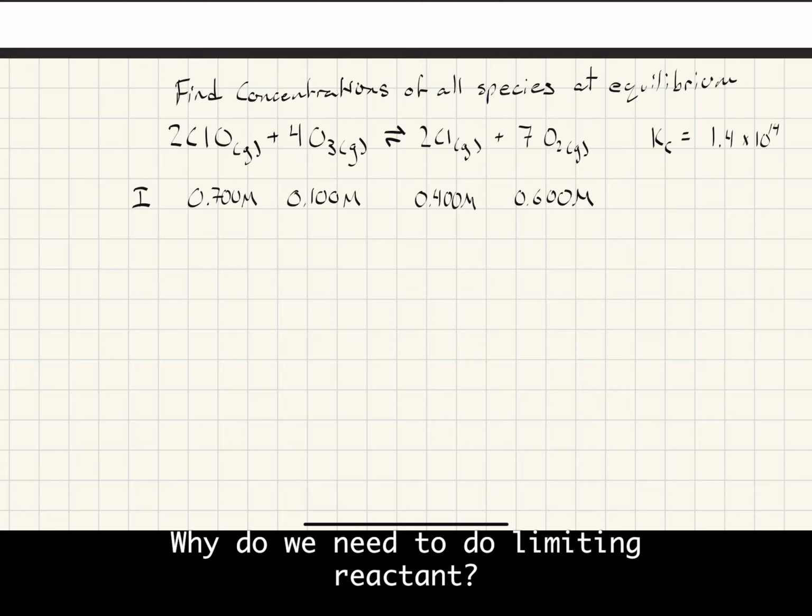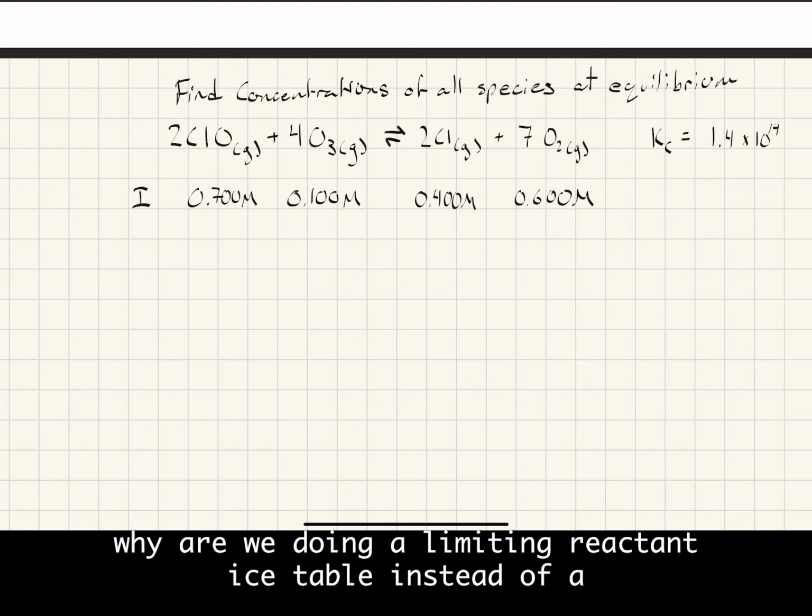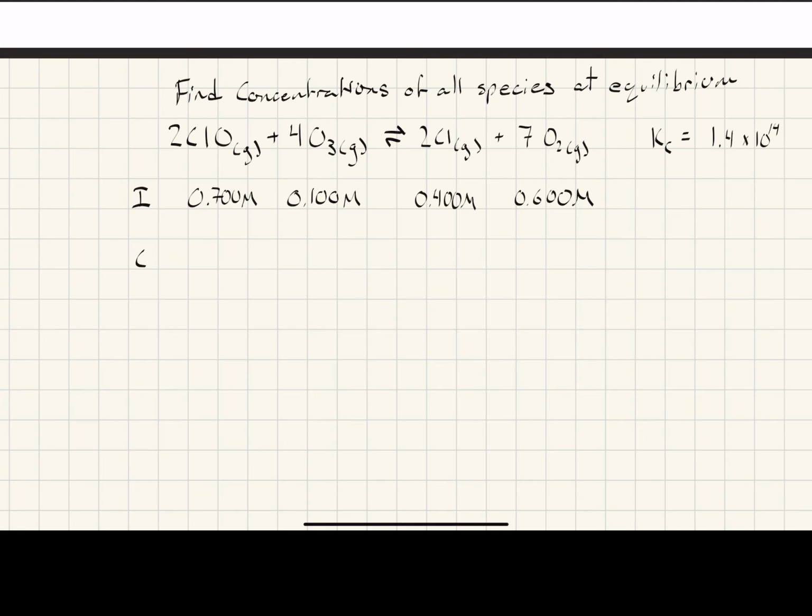Yeah. Why do we need to do limiting reactant? I mean, why are we doing a limiting reactant ice table instead of an equilibrium ice table?